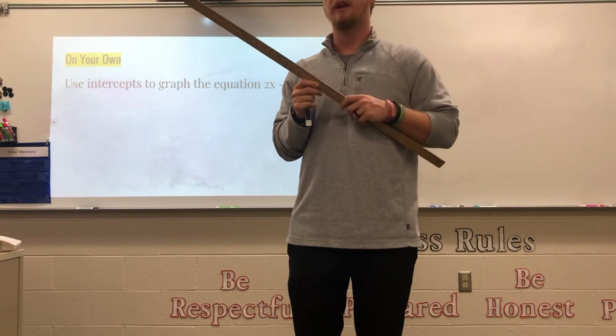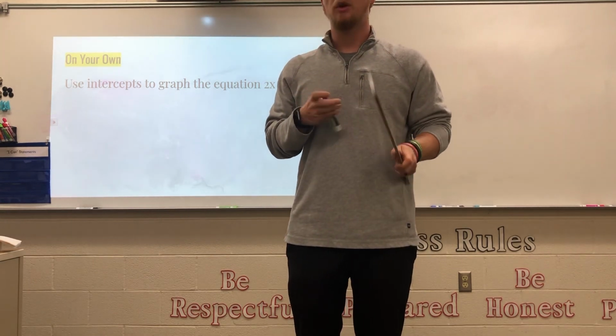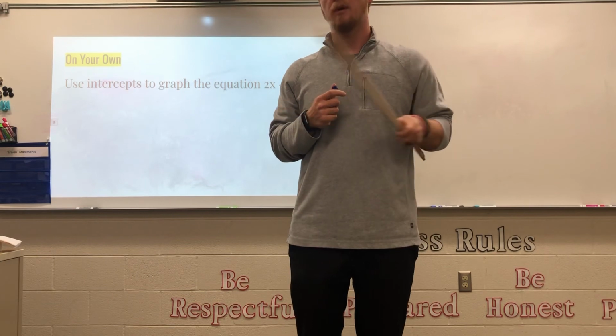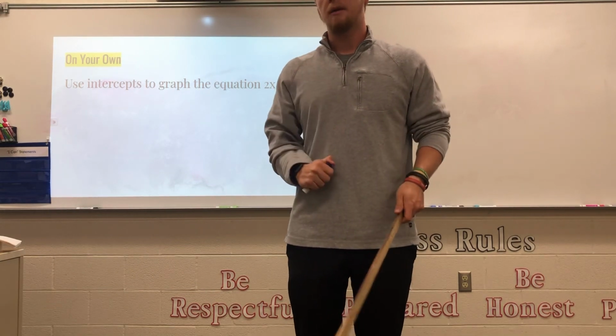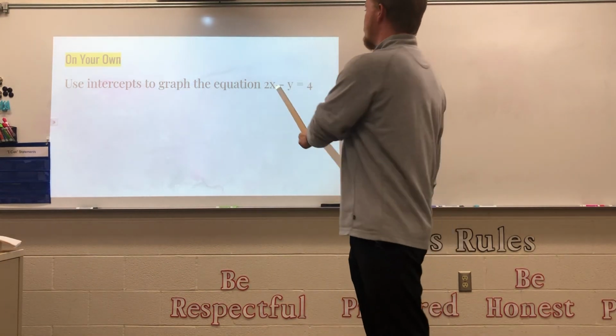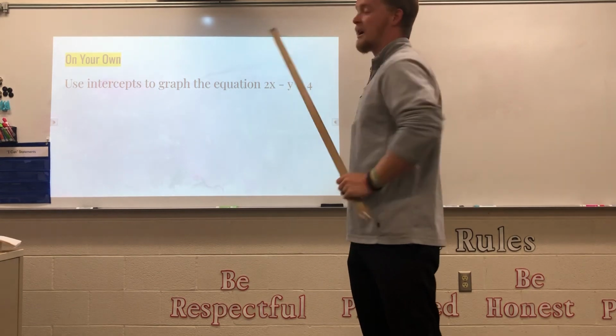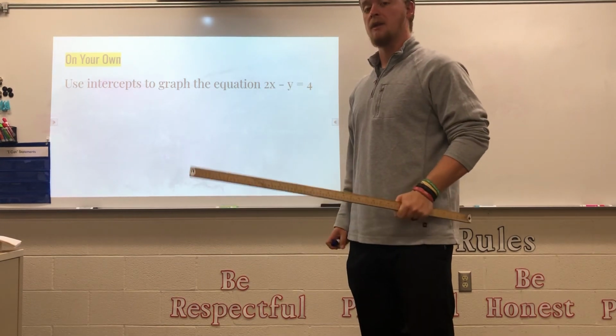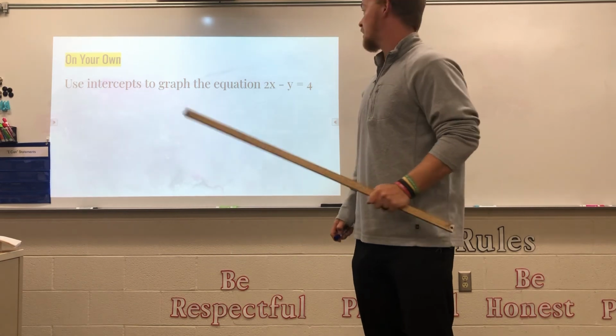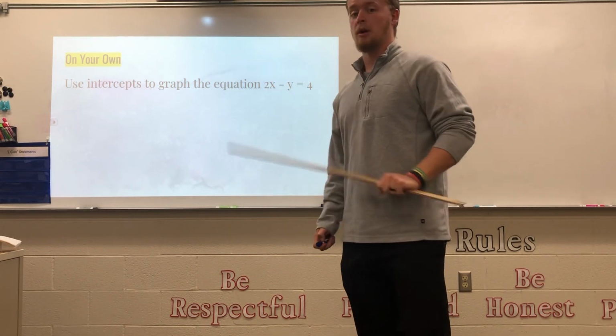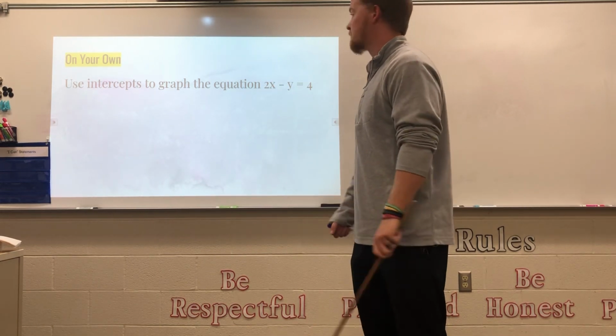X equals a number, you go to that number on the x-axis, which runs this way, and make a vertical line. And lastly, when you're in standard form, you find your x and y intercepts by plugging in 0 for each to find the other intercept, and then solve to graph them. Okay? Thank you.